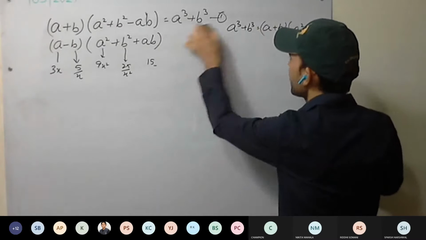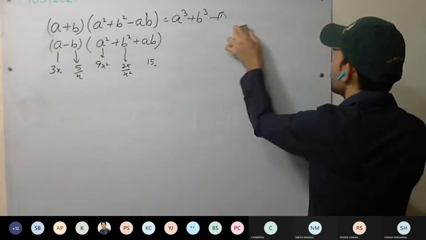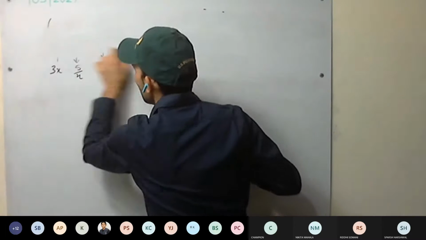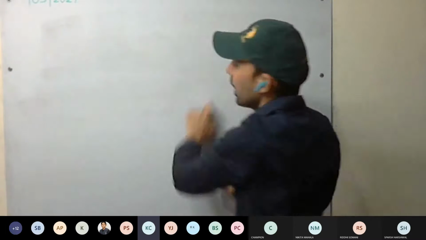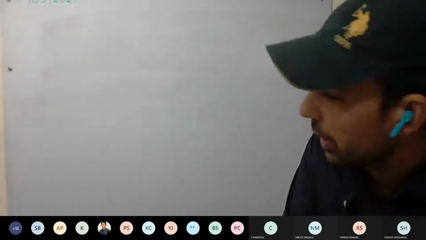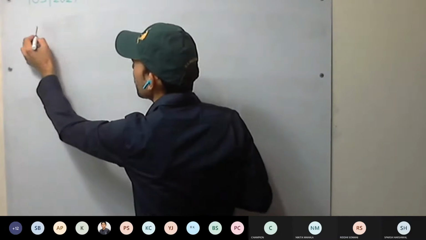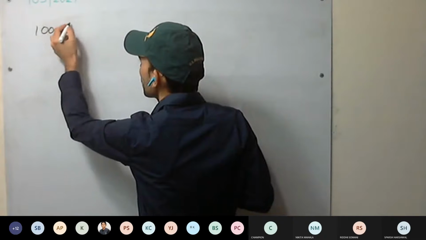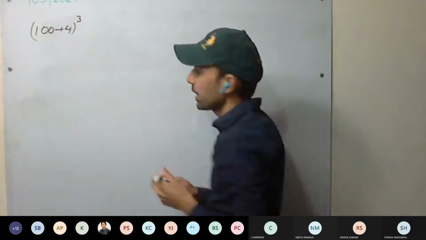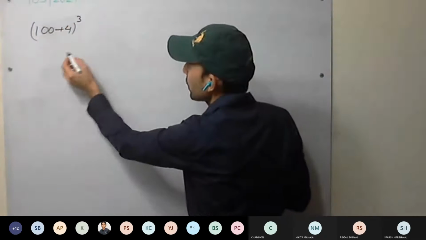So you are going to rewrite 104 the whole cube as 100 plus 4 the whole cube. It is (a plus b) the whole cube.